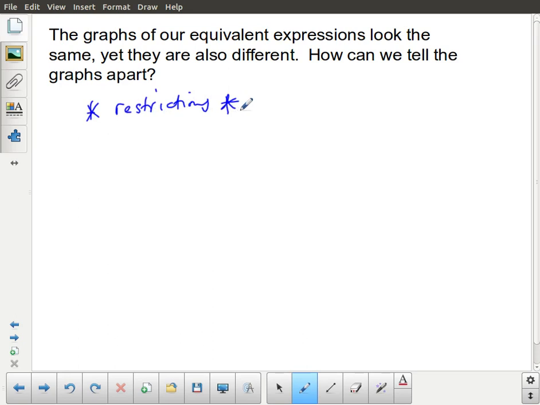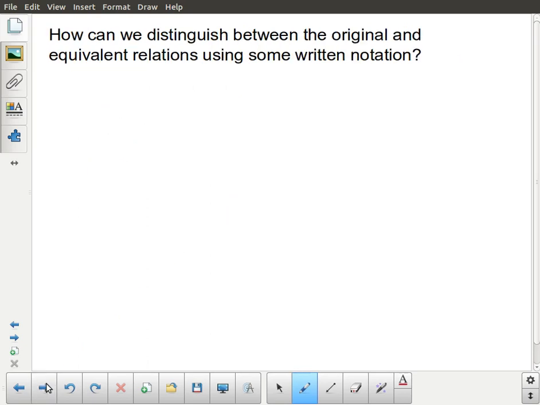But the big key here is going to be the restrictions, and the restrictions are going to be represented graphically as either holes or vertical asymptotes. Now, if we're using written notation, then how do we distinguish between the original? So once again, this is going to be restrictions, so I'm not going to write that down this time.